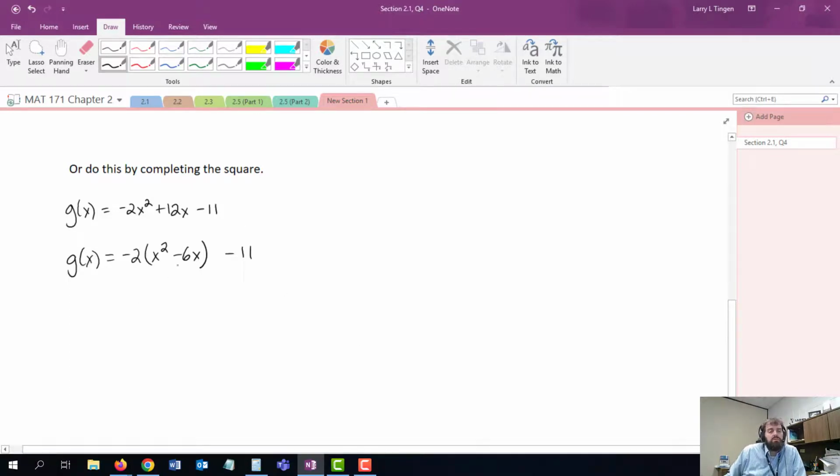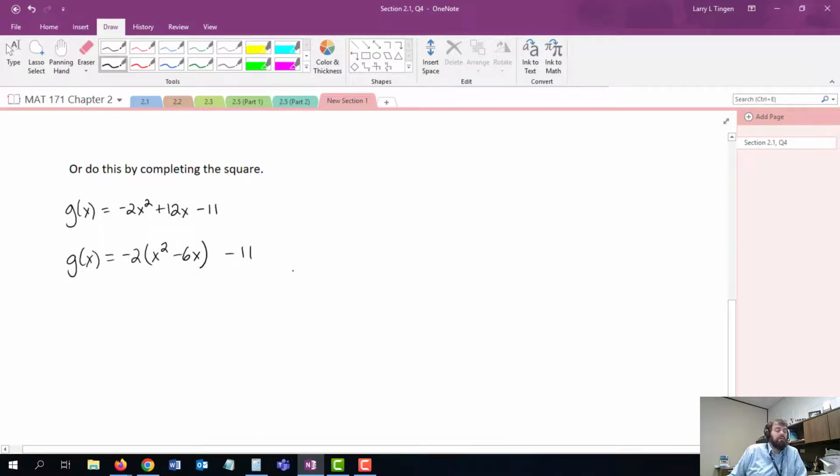Now, completing the square, you can see I have two terms. x squared is by itself, which is what I wanted, and then I have a minus 6x. So to complete the square, what I'm going to do is take the coefficient of b, cut it in half, and then square it.